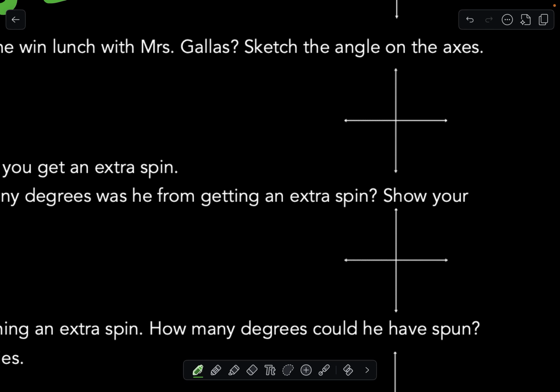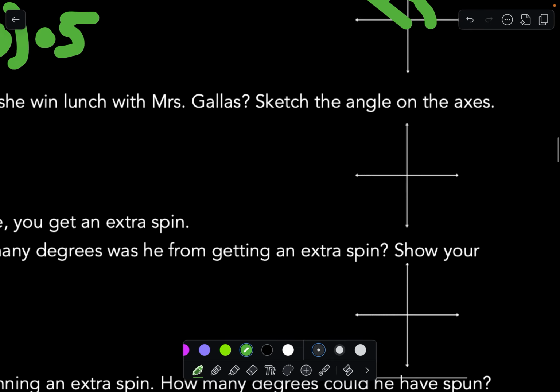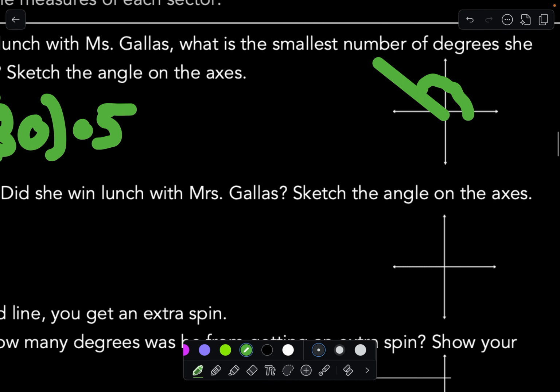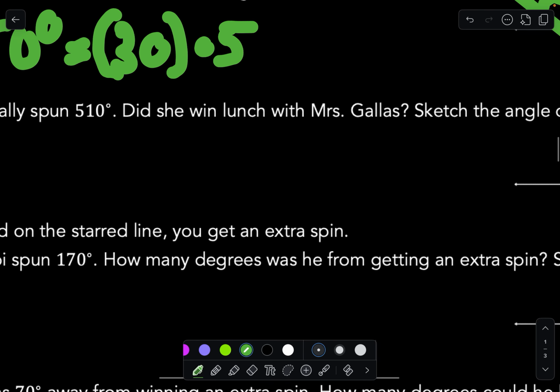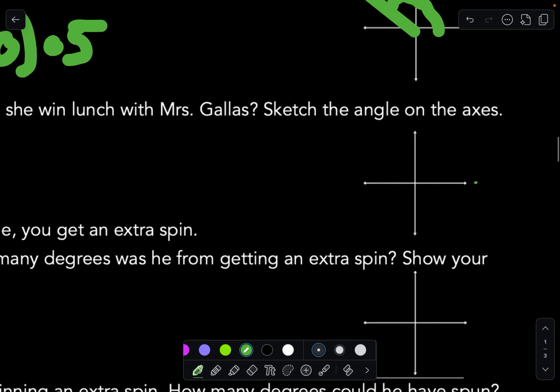So, I gotta shrink my pen down. And the way you would do this is 510. So this is 0 degrees. That's 90. 180. 270. If we go back around, that's 360.